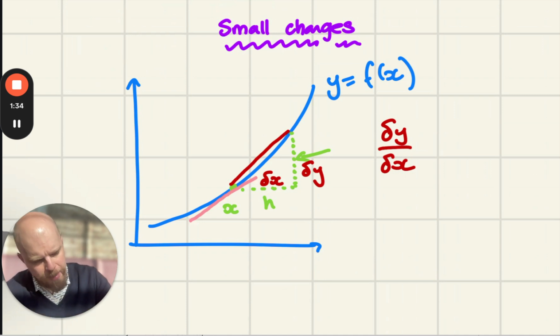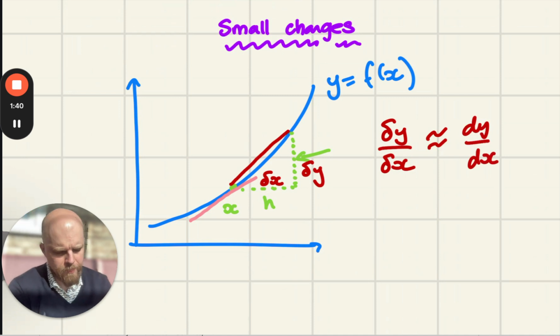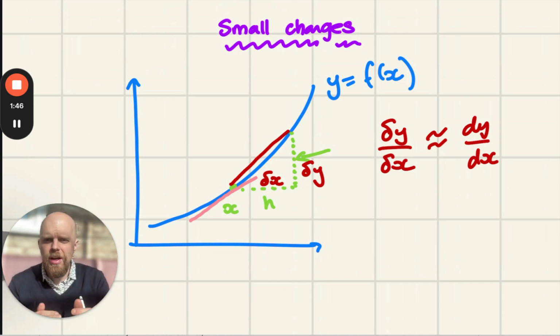It's not exactly the same, but it's basically the same. And so what we say is that it's approximately equal to the gradient. This is the theory behind what we're looking at. Basically, if the step h is small enough, the gradient of the function is equal to the change in y over the change in x, the gradient of the step.